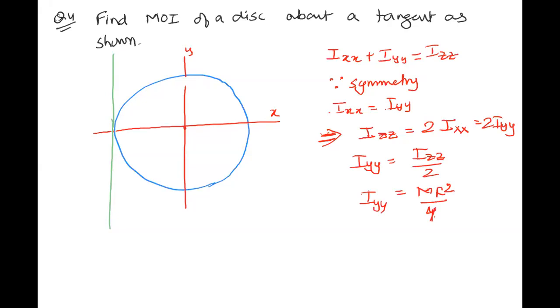Now, are the two axes parallel to each other? Y-axis and the A dash axis? Yes, they are. Does one axis pass through the center of mass? Yes, it does. So we get the parallel axis theorem.